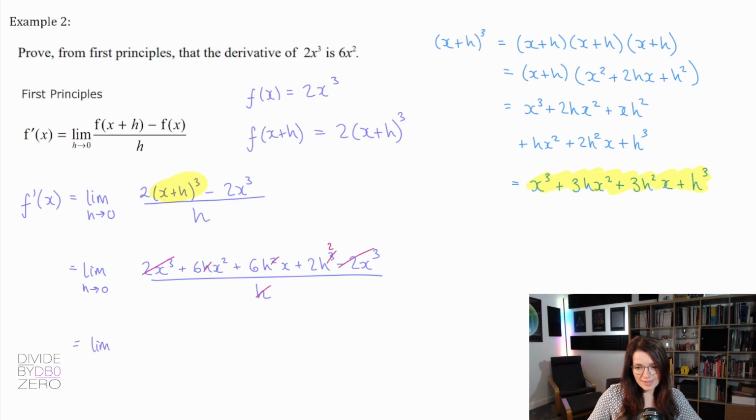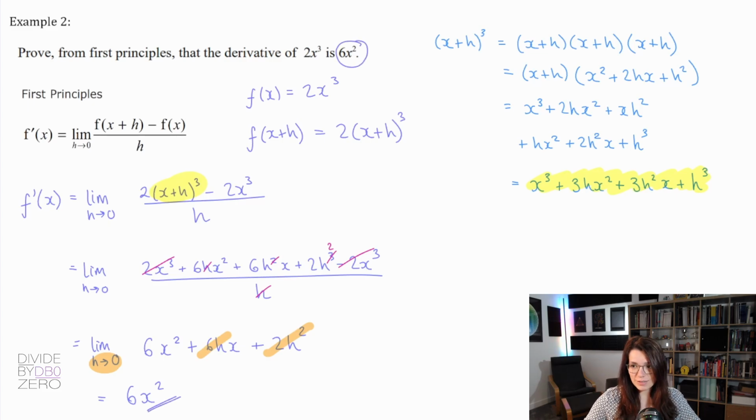Altogether, you get the limit as h tends to 0 of 6x squared plus 6hx plus 2h squared. And again, to finish it off, we just need to think about what would happen as h became close to 0. This would disappear, as would this. Means you're just left with 6x squared for your answer as required.